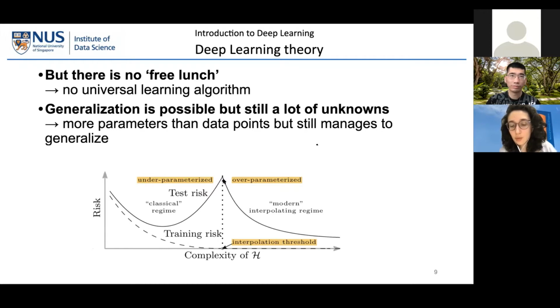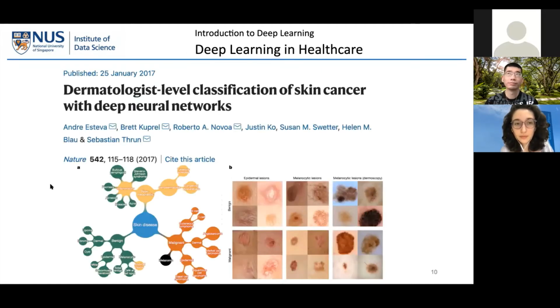But then what we can observe in practice, and that is quite surprising, is that when we increase again the number of parameters, then we manage to have some better generalization than before, right? That's quite surprising.